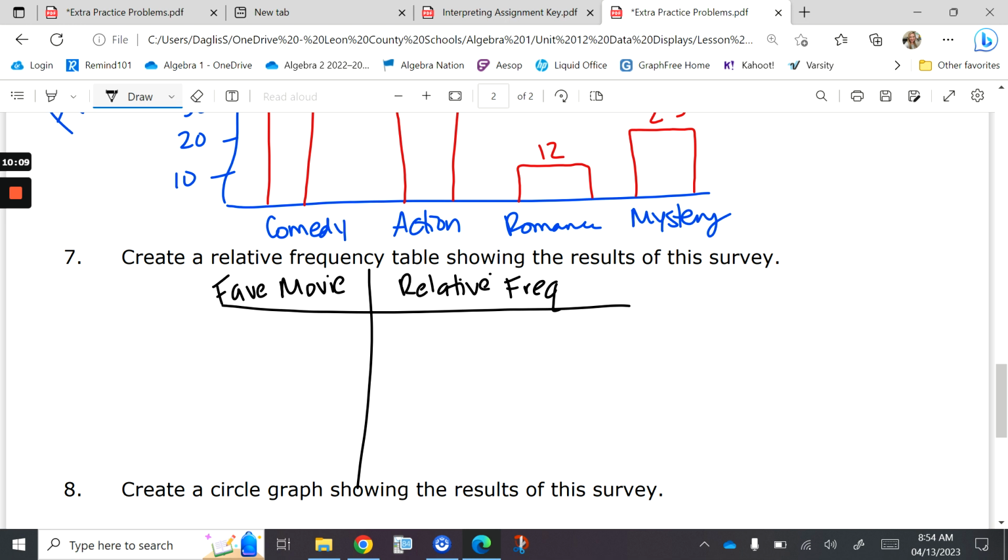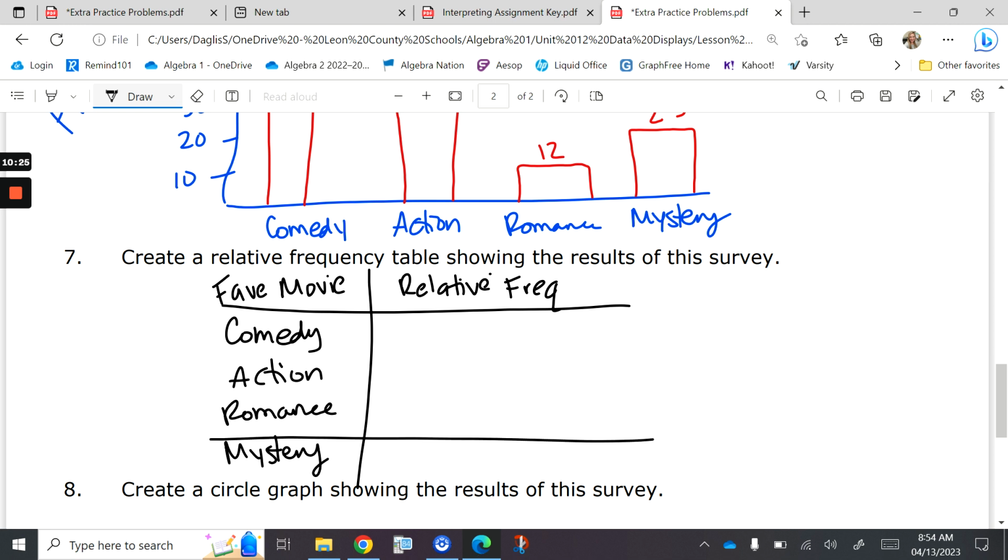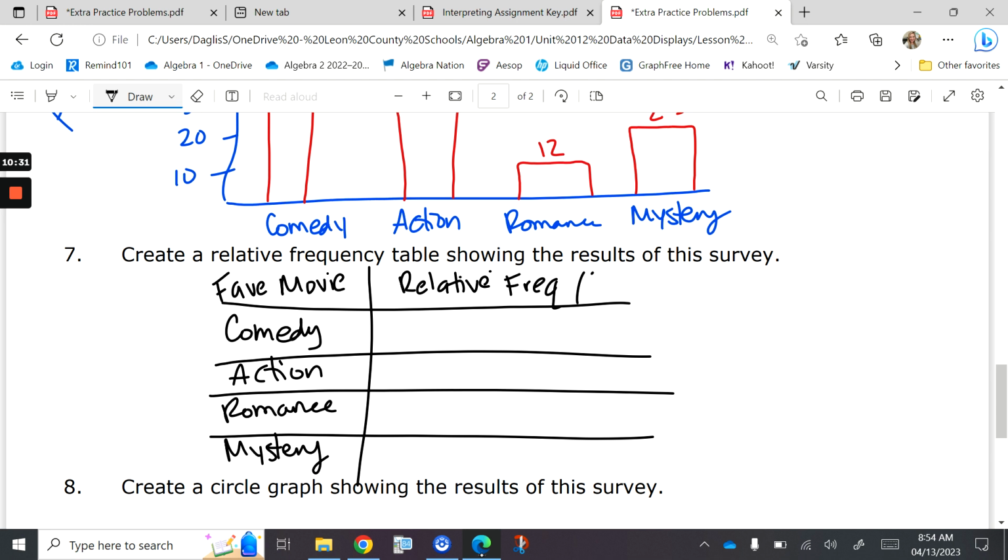So we're going to show it for comedy, action, romance, and mystery. So relative frequency means we need the percent of each.